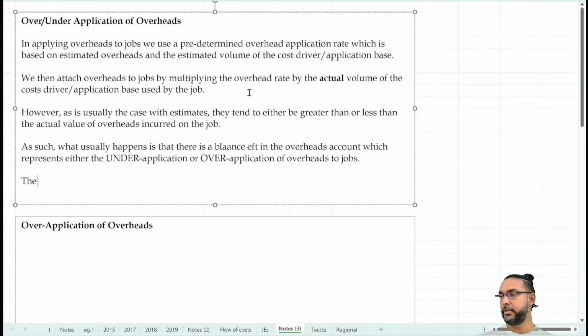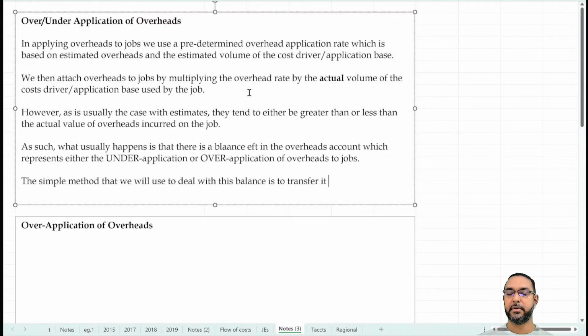Now the simple method that we will use to deal with this balance is to transfer it directly to the cost of goods sold account or the income statement.